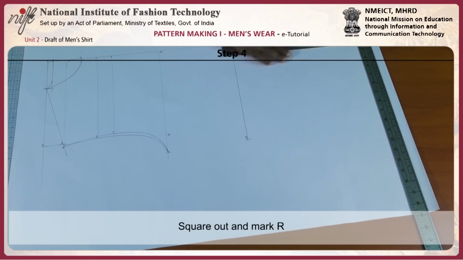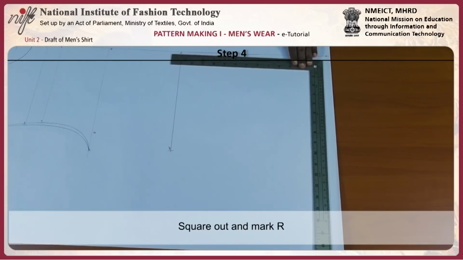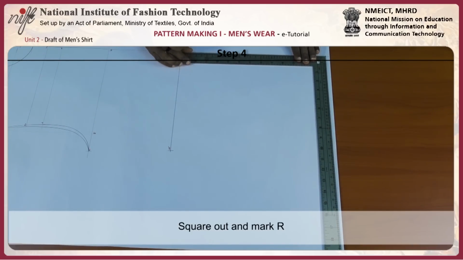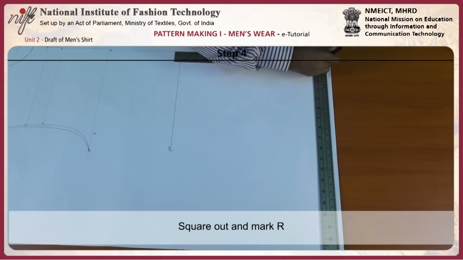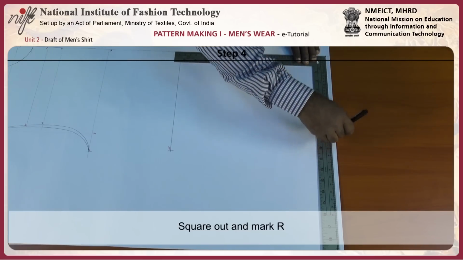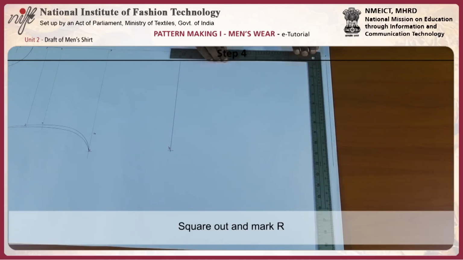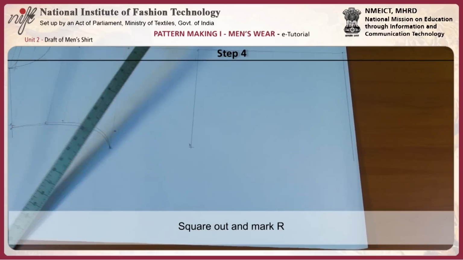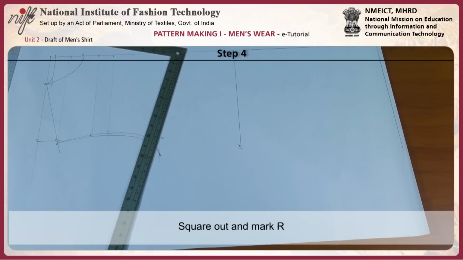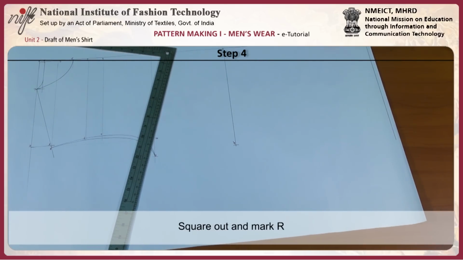From point R, square out. Then label this R2.